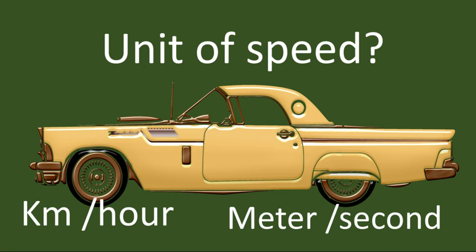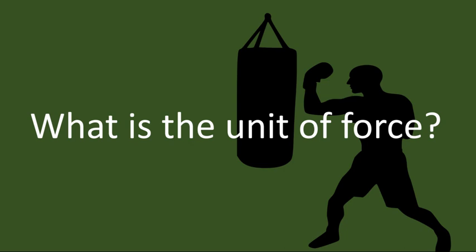But actually we started with the physical quantity called force, pull or push. Right? And we should know the unit of the force, because force is a physical quantity which is measurable. And so what is the unit of force?